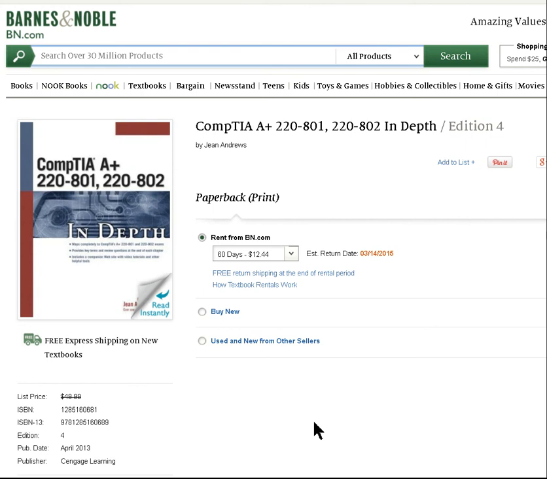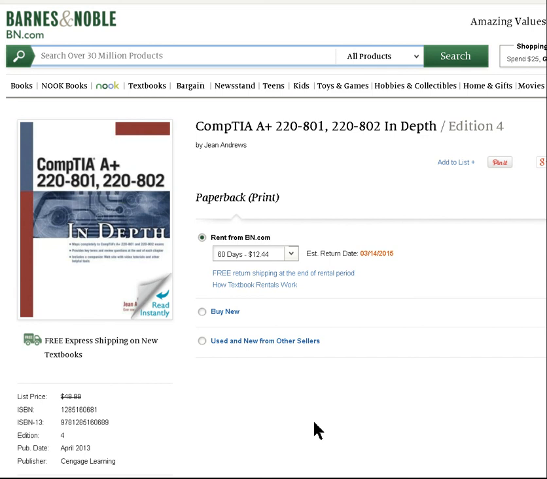Atom, up to 2.1 gigahertz, up to 1 megabyte cache. Some dual channel 800, 1066 megahertz DDR3 memory. 667, 800 megahertz DDR2 memory, single channel memory.